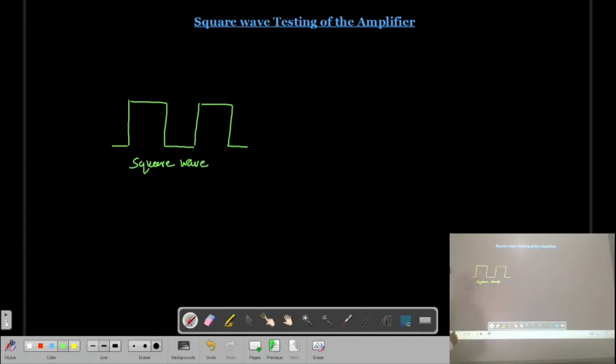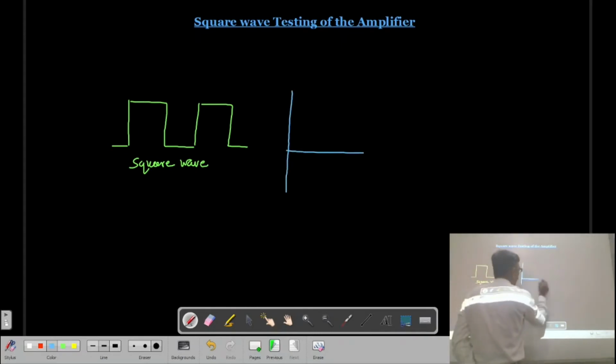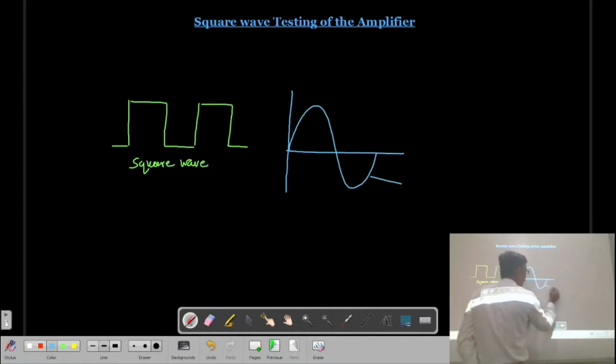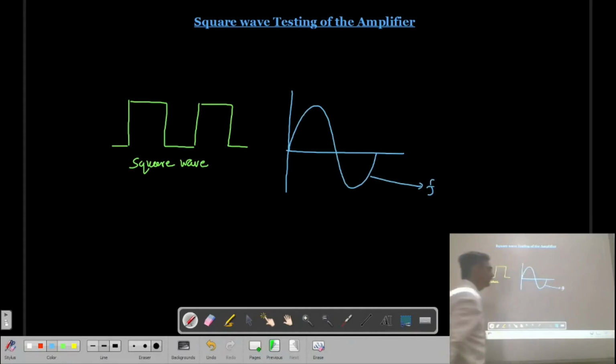Here I will explain how it consists of these. Suppose we have a sine wave, let us say the frequency is f.